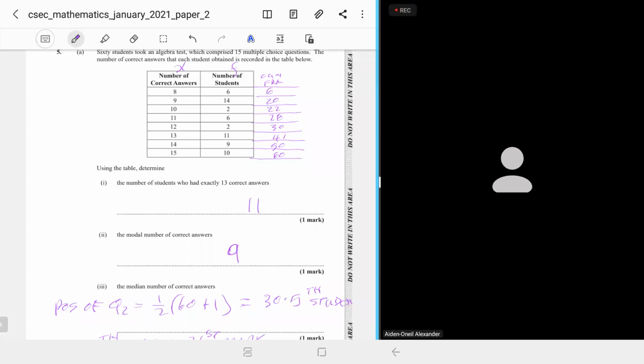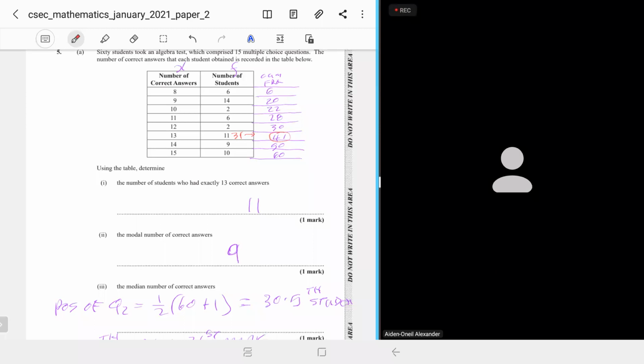13, sir. Good, because this is a group here, from the 31st to the 41st student. Make up the 11 students. Listen. The 31st to the 41st student in that group.